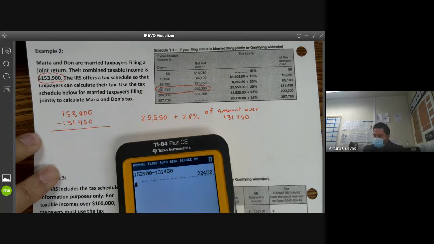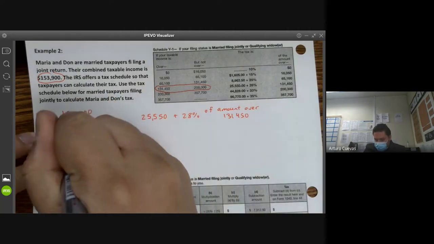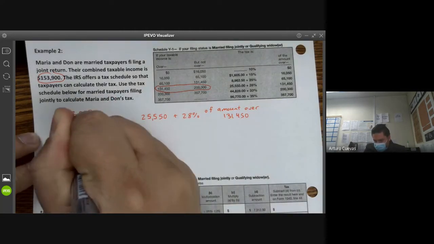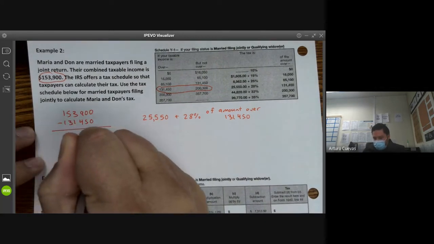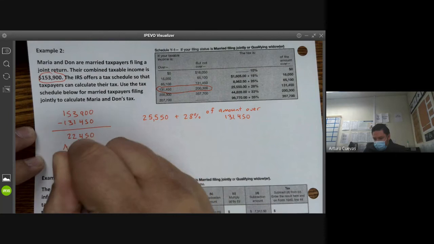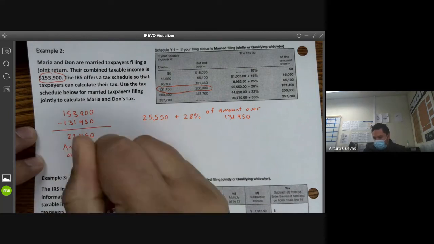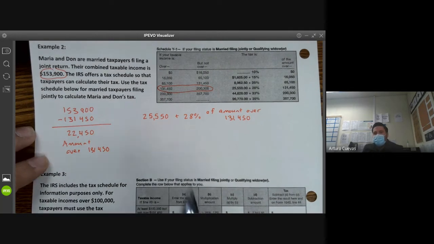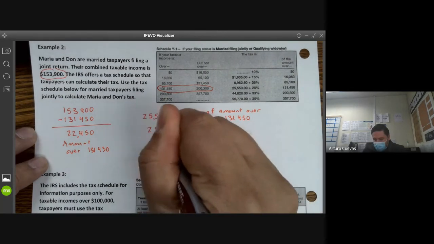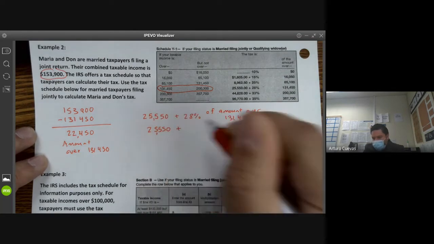Okay, so 22,450. This is the amount over 131,450. Okay, so now what do we do? I'm gonna pay 25,550 plus 28%.